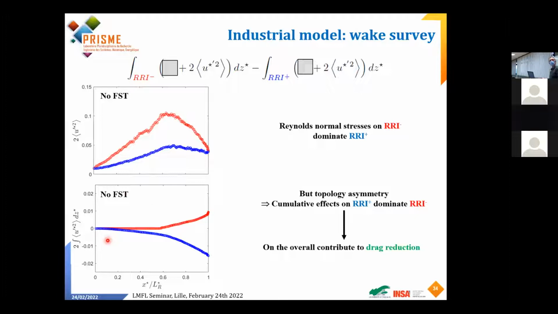And here is the cumulation, the integral as it is constructed when I'm traveling along these interfaces. Still blue is the upper part, red is the lower part. We can see that the Reynolds stress is dominant on the lower part compared to what we have seen before.